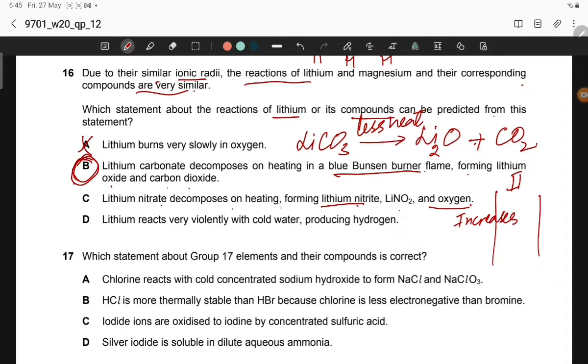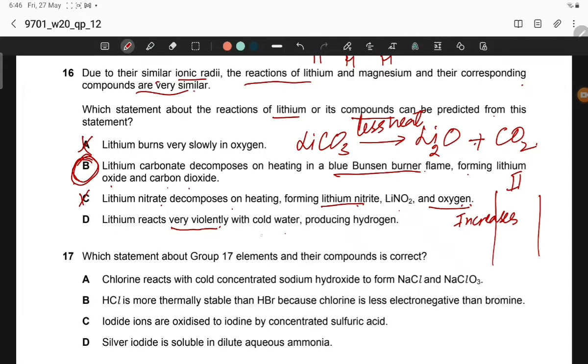Nitrate decomposes on heating, forming lithium nitrite and oxygen. From this statement we cannot predict anything about the lithium. So it must be that lithium reacts very violently with cold water, not very violently.